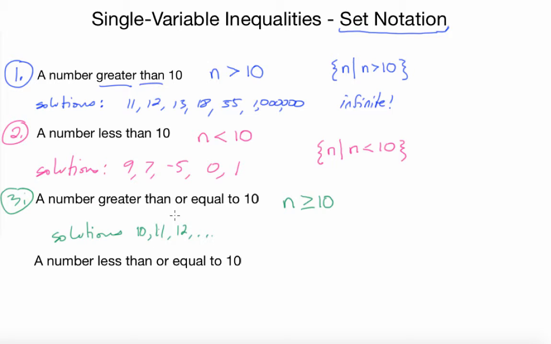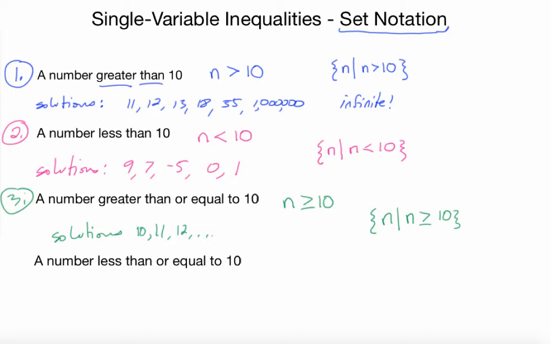The number 10 is now a solution, whereas in number 1, 10 is not a solution. 10 is not greater than 10. But if it's equal to, then 10 does count. So in set notation, all the numbers n such that n is greater than or equal to 10.